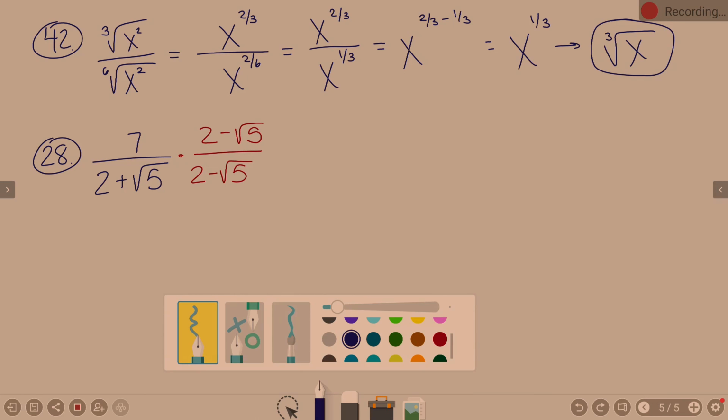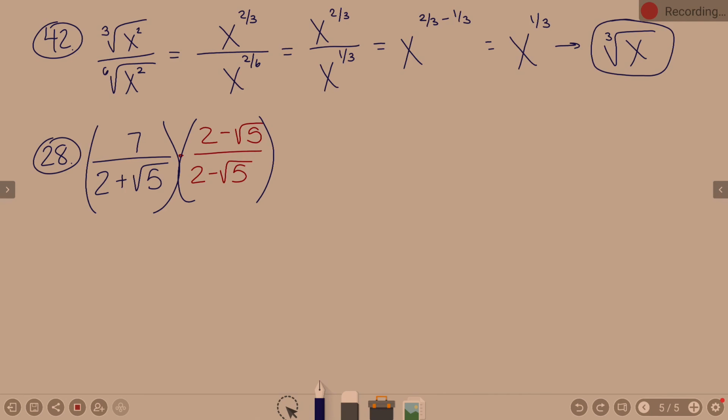On top, you would just distribute. How do you multiply on bottom technically? We haven't practiced any of it today. Foil. Do we remember how to foil? Okay. That's another key thing there. If I distribute this on top, 7 times 2 is 14, minus 7 times square root of 5.